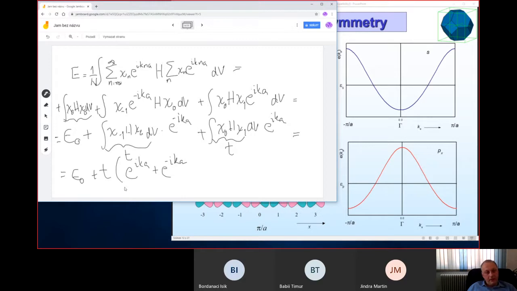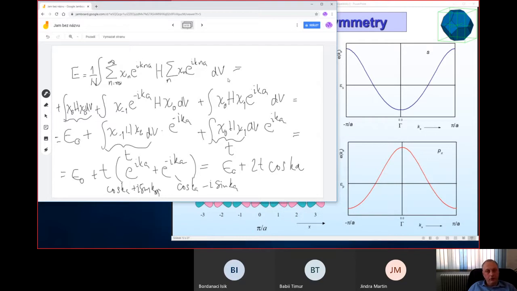But this can be expressed as cosine ka plus i sine ka, and this can be expressed as cosine ka minus i sine ka. So the complex parts of the wave functions cancel, and we have only the cosine, the real part. So E is equal to E0 plus 2t cosine of ka.